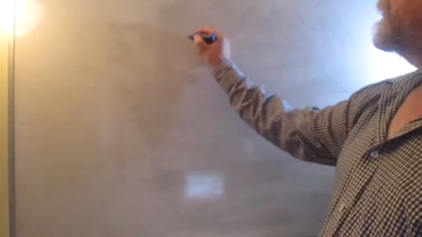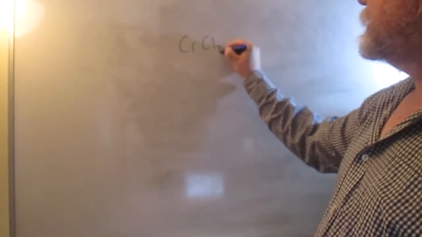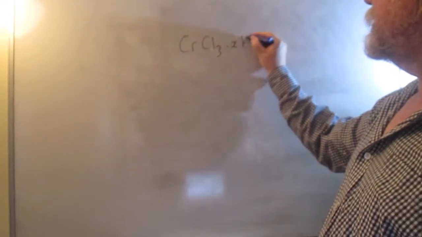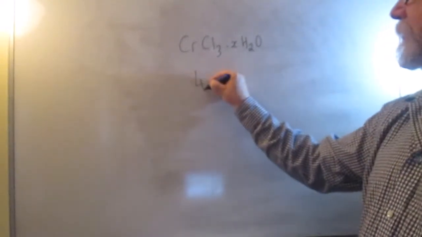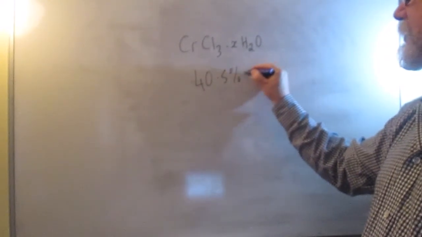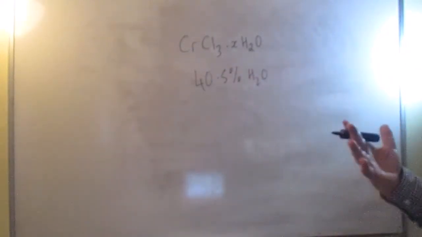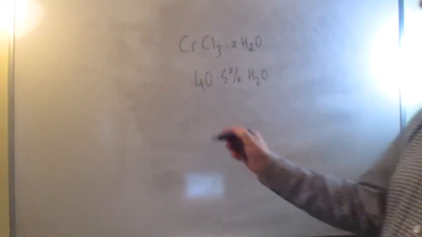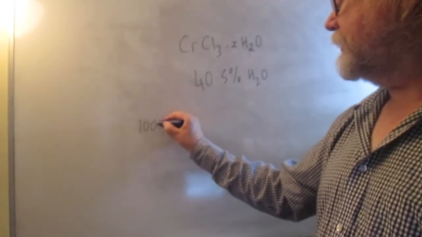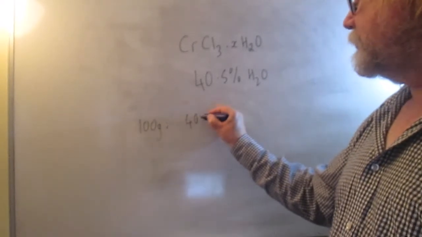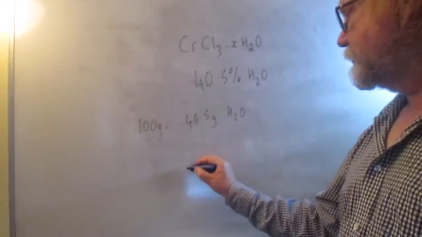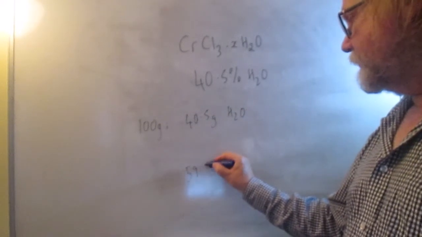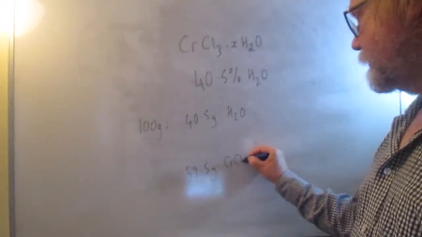Question 11, we have to do a quick calculation. So we've got CrCl3 with an unknown number X of waters, and we're told that it's 40.5% H2O. So a quick way to do it is think, well, if you had 100 grams of it, that would mean that that was made up of 40.5 grams of water, and 100 minus 40.5 is 59.5 grams of CrCl3.